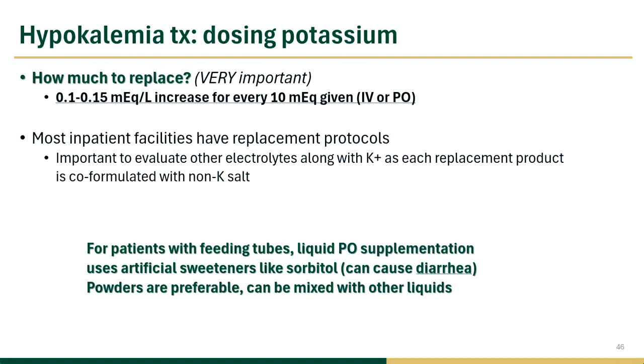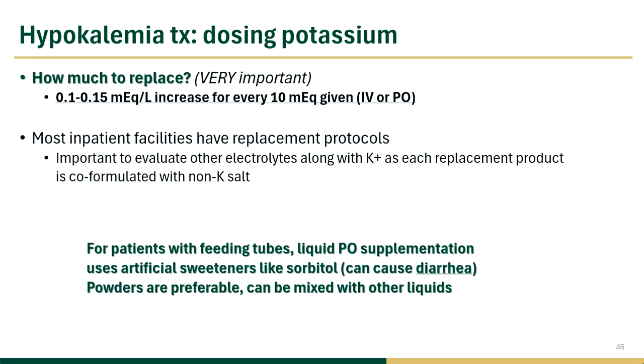Most inpatient facilities, hospitals, and long-term care facilities will have protocols, and I'll show you an example in a bit. One thing that may not be captured on the protocol is that there are often other electrolytes along with the K. So it's either potassium citrate, potassium chloride, or potassium gluconate.